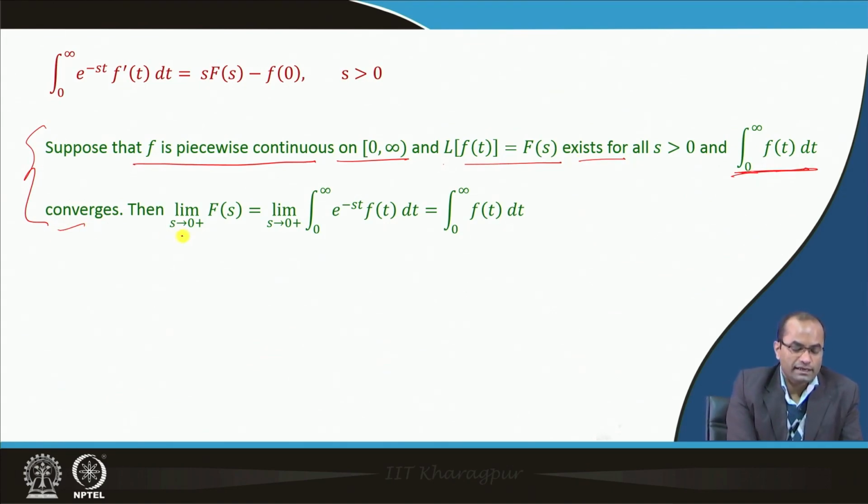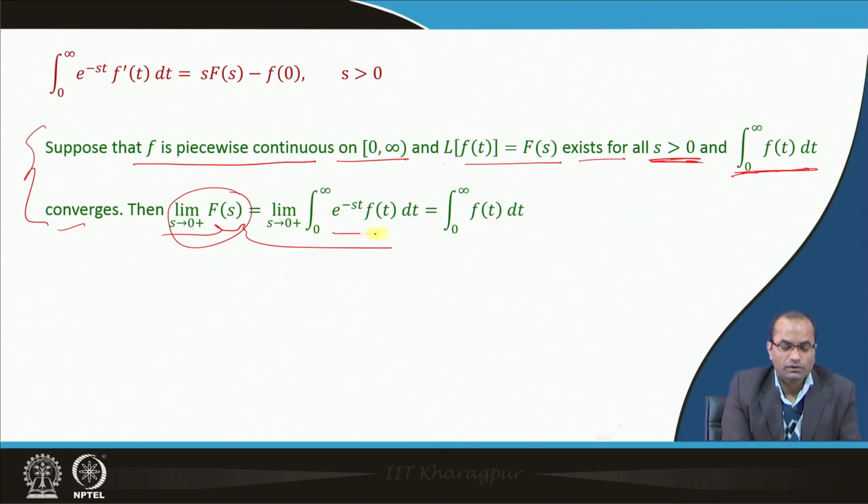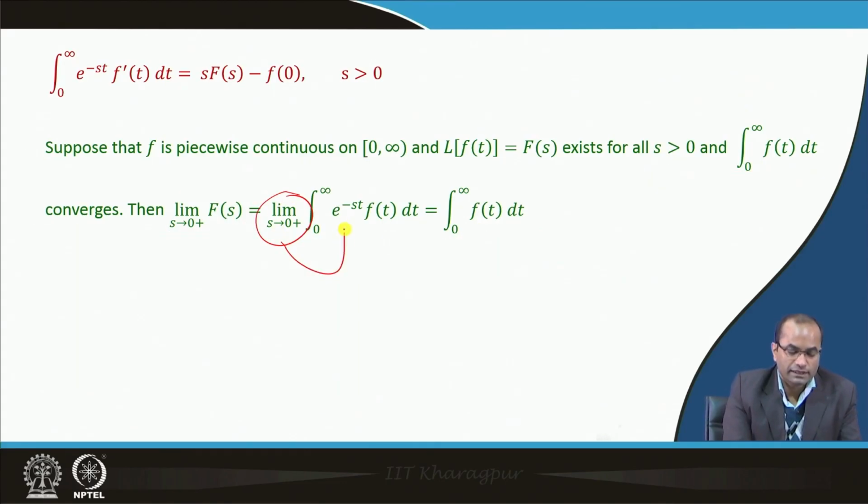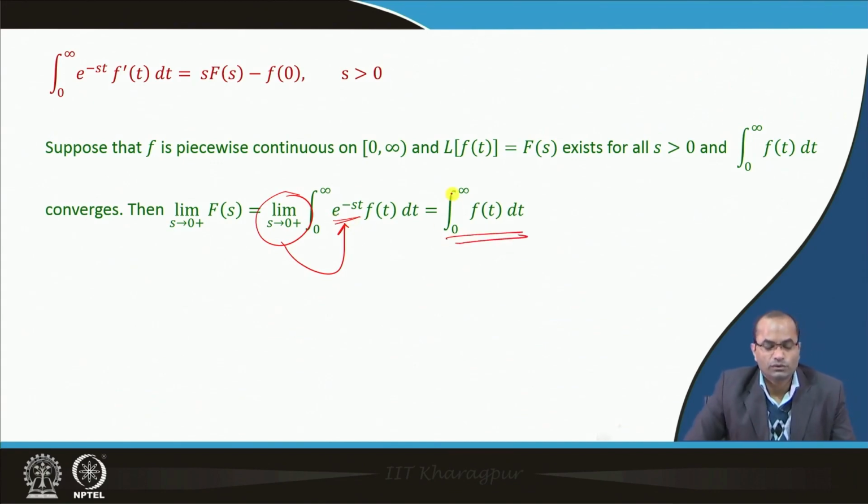Because this is valid for all s positive, we can take the limit as s approaches 0 plus inside, provided these conditions hold. Then e to the power 0 will become 1, and this value will be just the integral from 0 to infinity of f(t) dt.